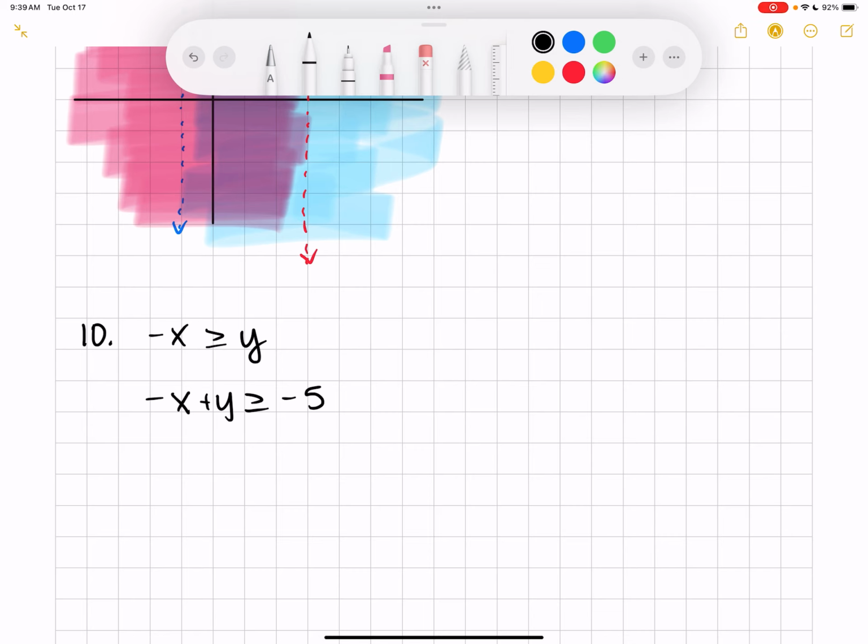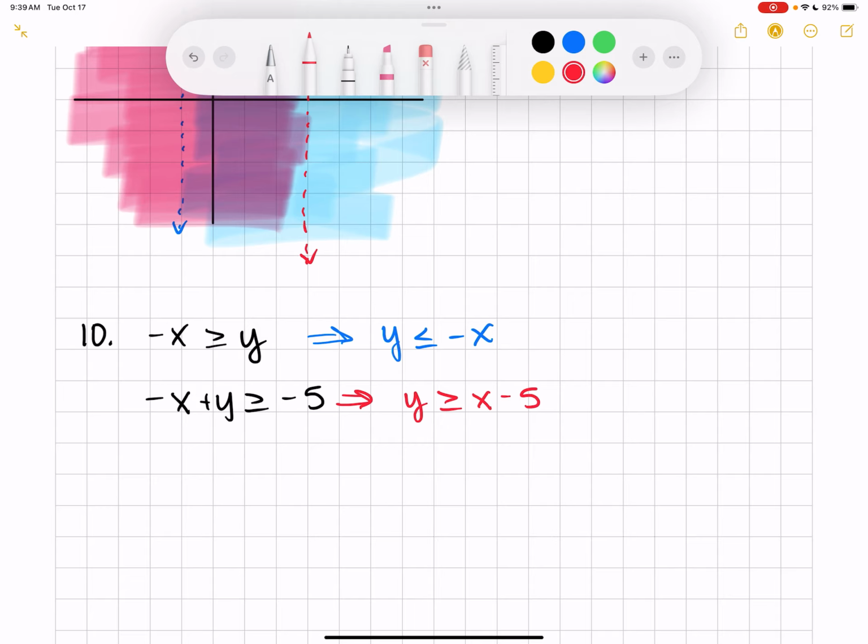Remember, even with these, if we divide or multiply by a negative, we still have to flip the inequality, which is going to change the direction that it's being shaded. So the top one is going to be y is less than or equal to -x. I literally just flipped the whole thing so that I have y on the left. Didn't have to do that. And then for this other one, we need to add x over. So I've got y is greater than or equal to x minus 5.